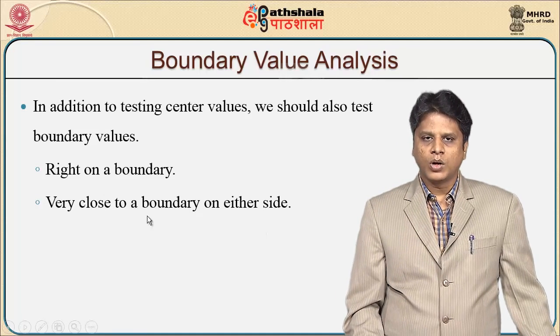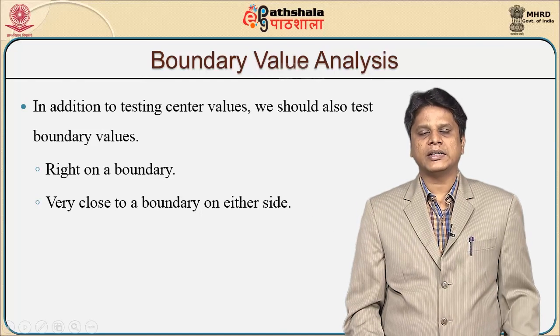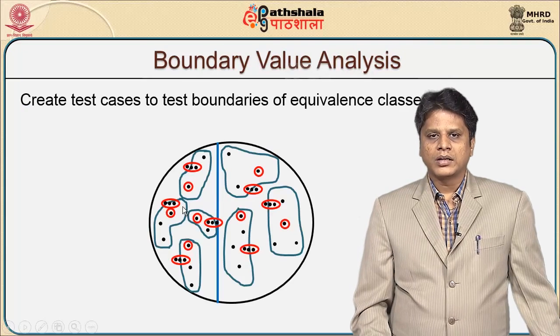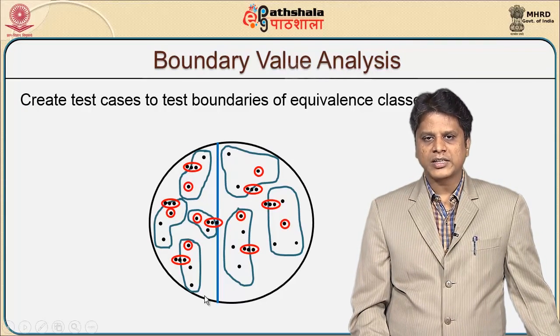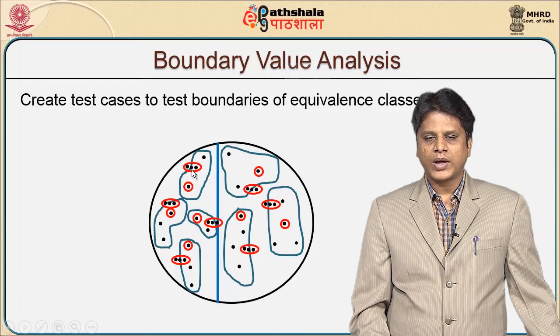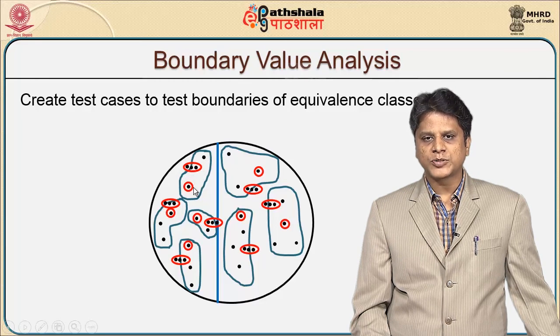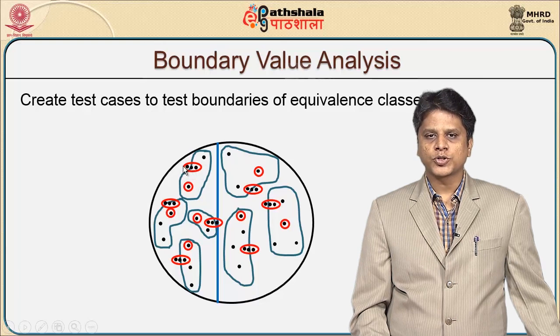That means 200 and 201, and at the other extreme 999 and 998. With the previous equivalence class we have distinguished clearly valid and invalid classes, and within this valid class I have some instances which are within the limits, but then I have some boundary values which are also supposed to be tested.